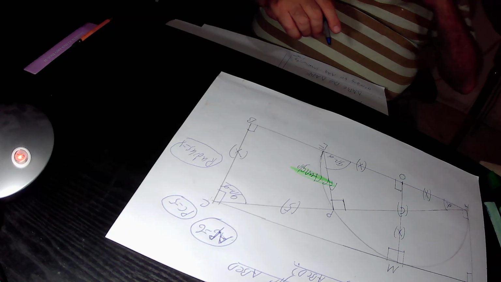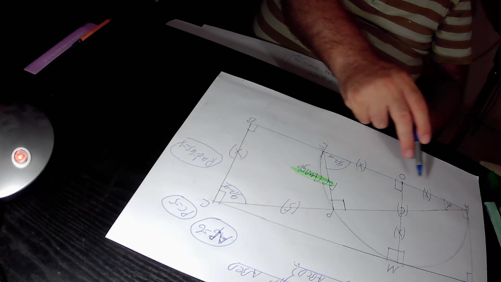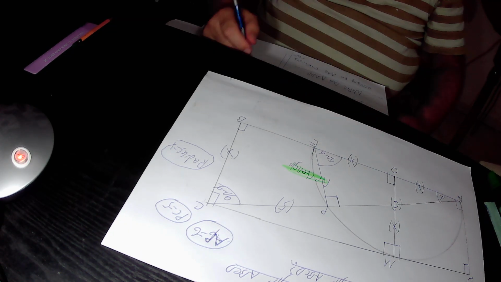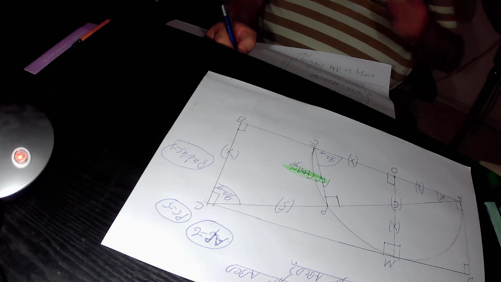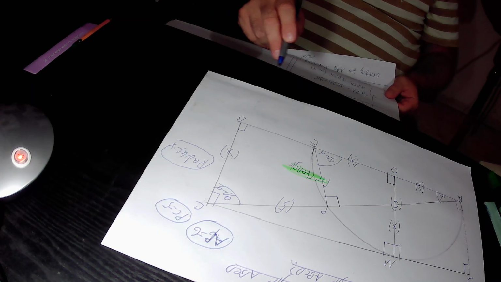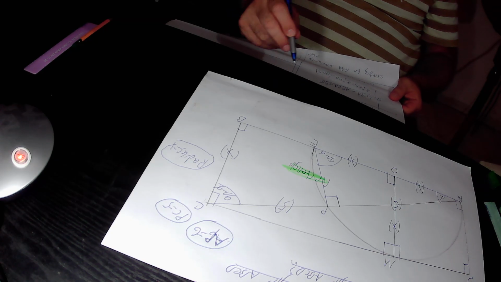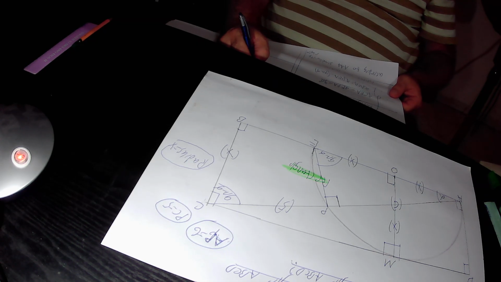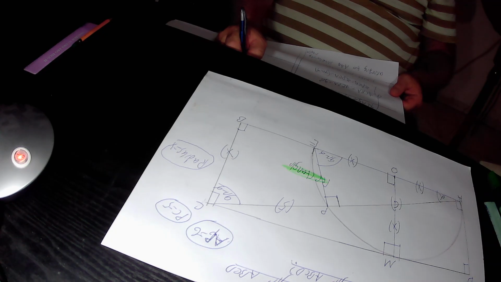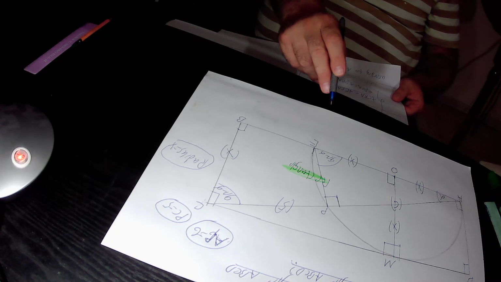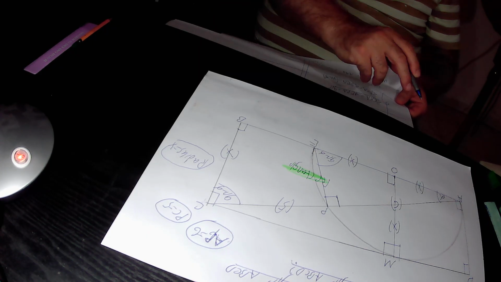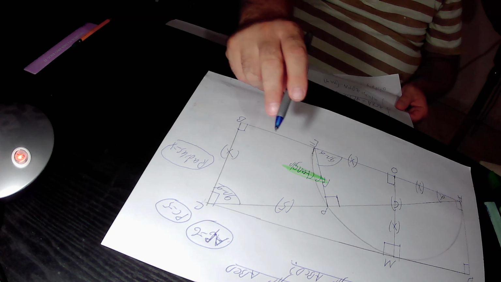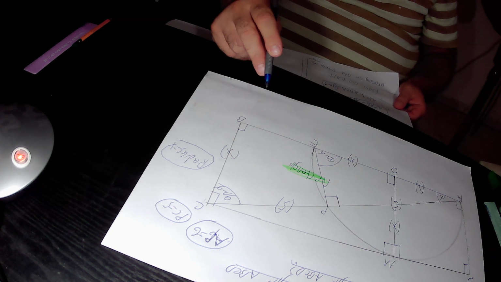We will derive that side AP of triangle APE over side AB of the big right triangle ABC is equal to side AE of triangle APE over side AC of the big right triangle ABC.